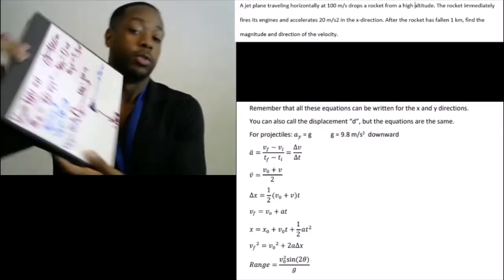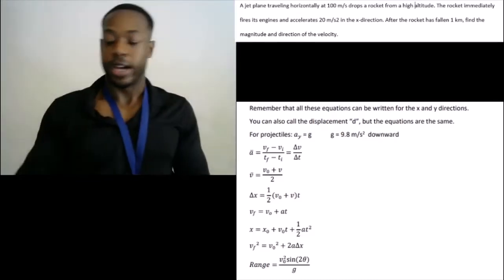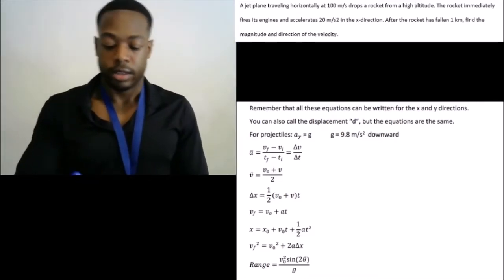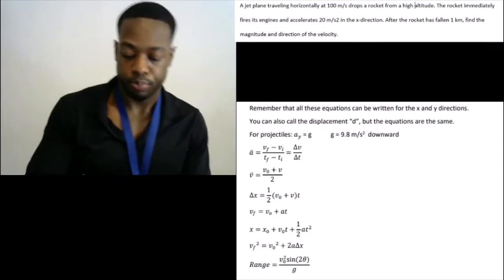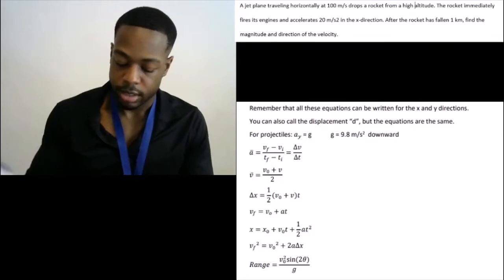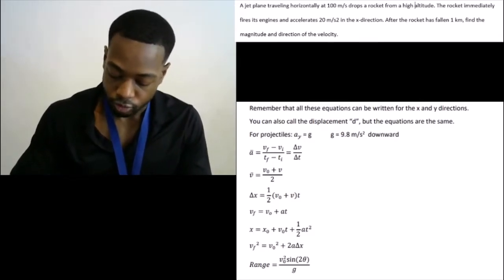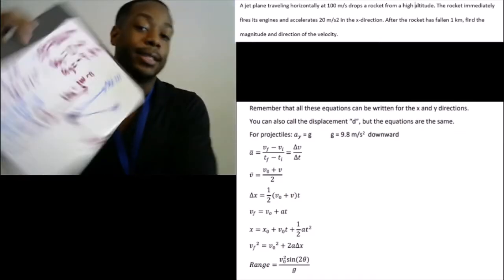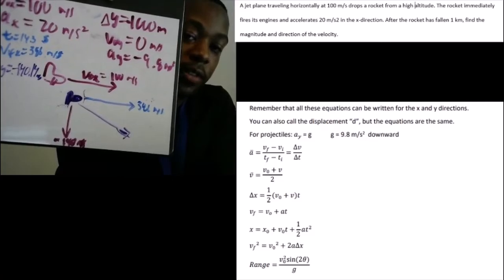So here's what we're dealing with, right? We want the vector. We want to put those components together, right? So we want that vector, the purple vector.